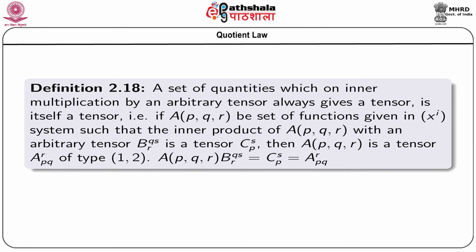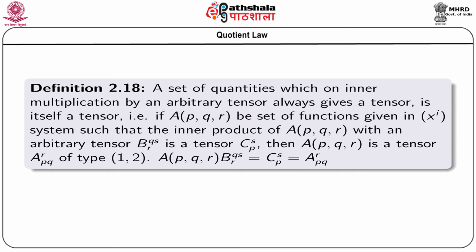Now, let us define the Quotient Law in the following way: a set of quantities which on inner multiplication by an arbitrary tensor always gives a tensor is itself a tensor.